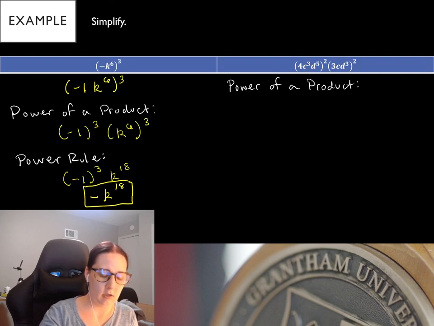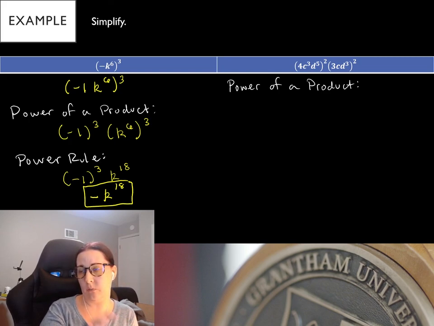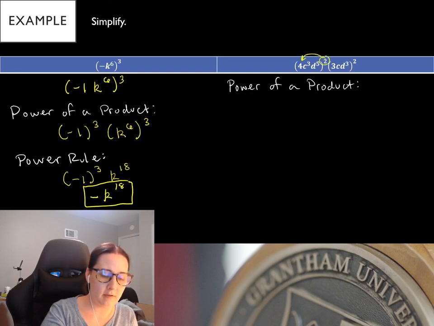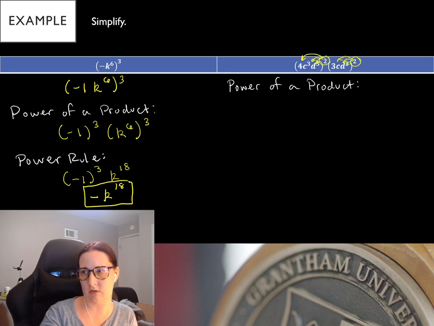And we need to be very careful because we have two different powers of a product going on, because we have two different exponents on top of exponents. Now they both happen to be an exponent of 2, but I like to just draw it in. Basically, this exponent of 2 is going on to these things on that one, and then this one is going to these. So maybe what I'll do is just do 2 different colors to keep those separate.